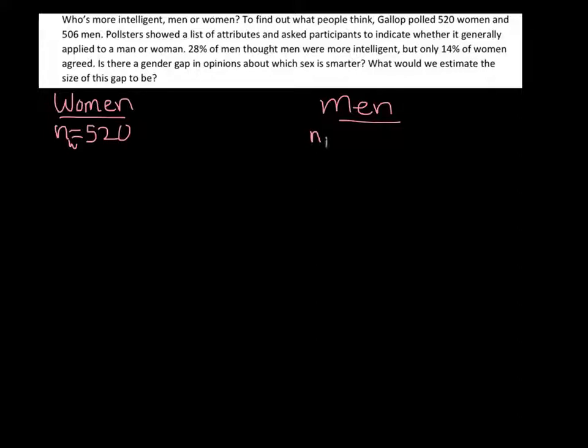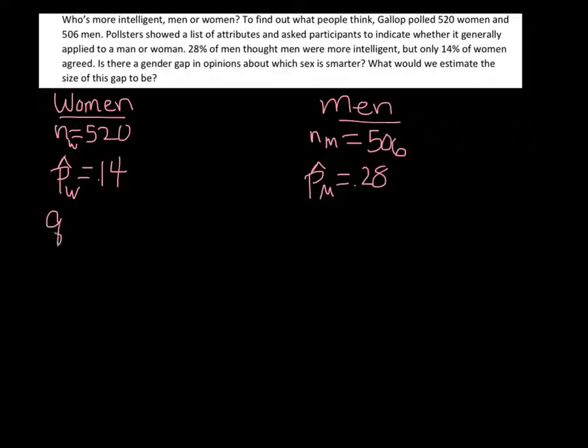I'm going to write my n for the men with a subscript of M, so it's n sub M, and that's going to be 506. The next thing we know is that the p hat, the sample proportion for the women, was 14%. So p hat of W is 14%. The p hat for the men was 28%.